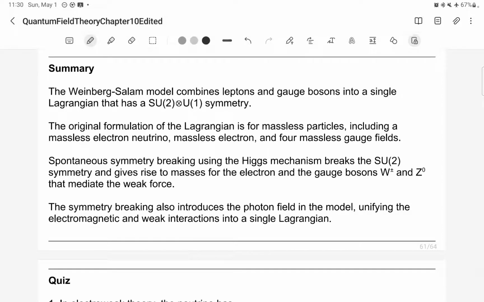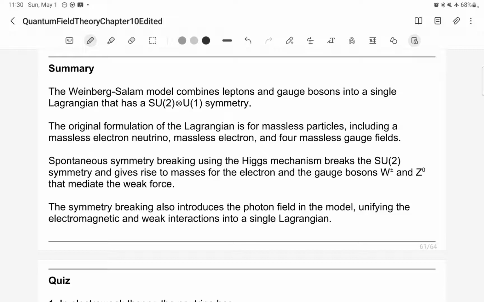So, as a summary, the Weinberg-Salam model combines leptons and gauge bosons into a single Lagrangian that has SU(2) cross U(1) symmetry. The original formulation of the Lagrangian is for massless particles, including a massless electron, massless neutrino, and massless gauge bosons.